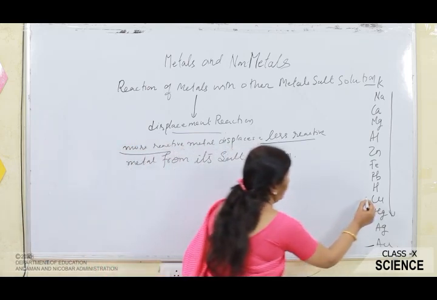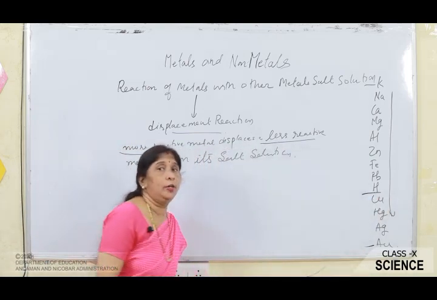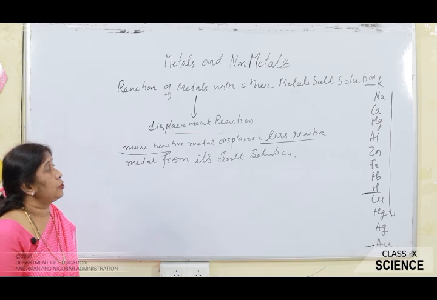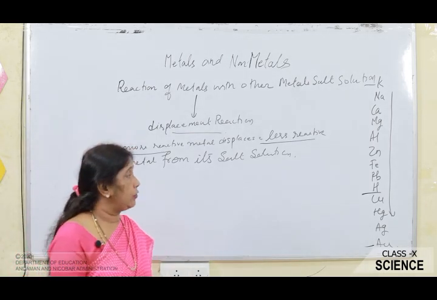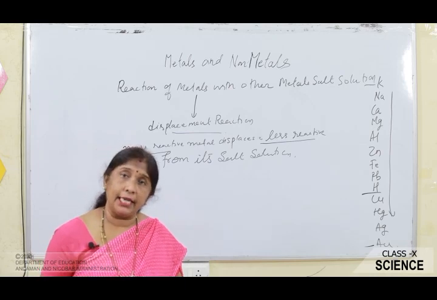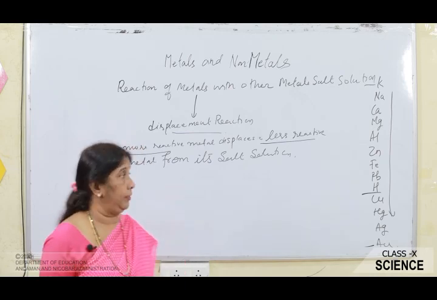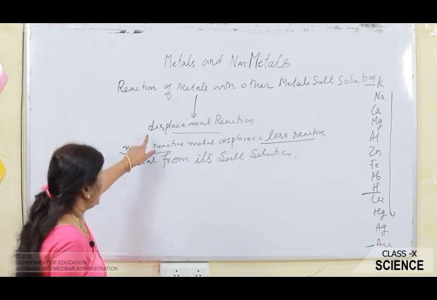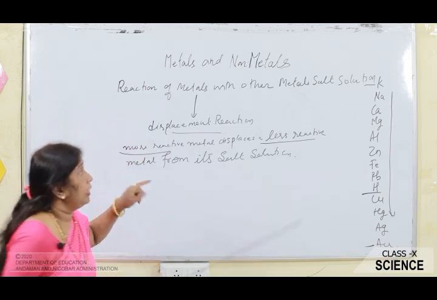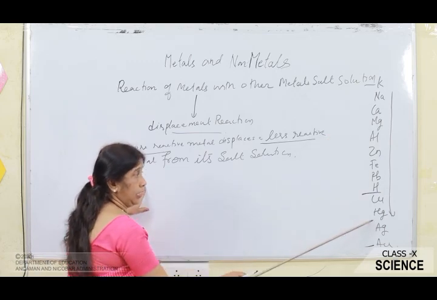You can see hydrogen, being non-metallic in nature, is also placed along with the metals in the reactivity series, because hydrogen has a tendency to lose electrons and form a positive ion. Now in the displacement reaction we can refer to the reactivity series.